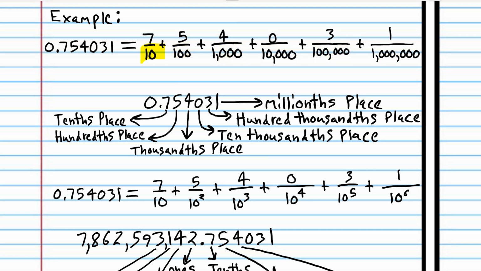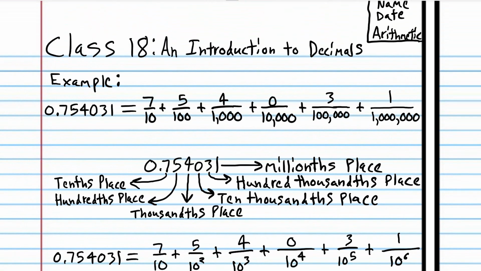Now the big question is, why do we write fractions with powers of 10? Why do we care about this? Decimals are a huge part of life, and they're a huge part of your academic curriculum and the math curriculum. So why do we even bother to write decimals? Well, it goes back to what I was talking about in class number 2.